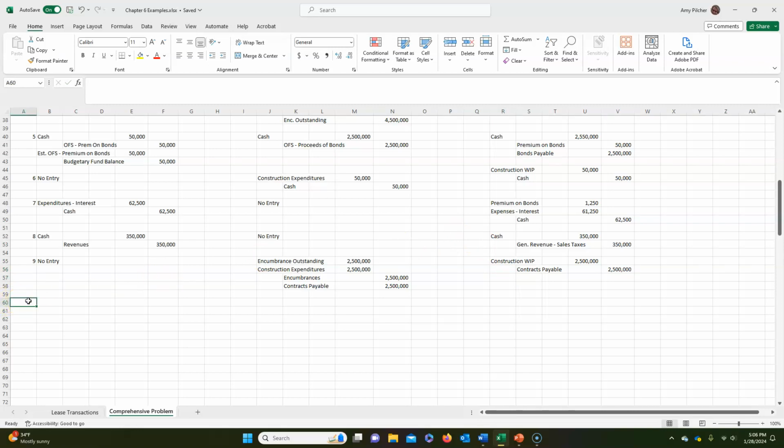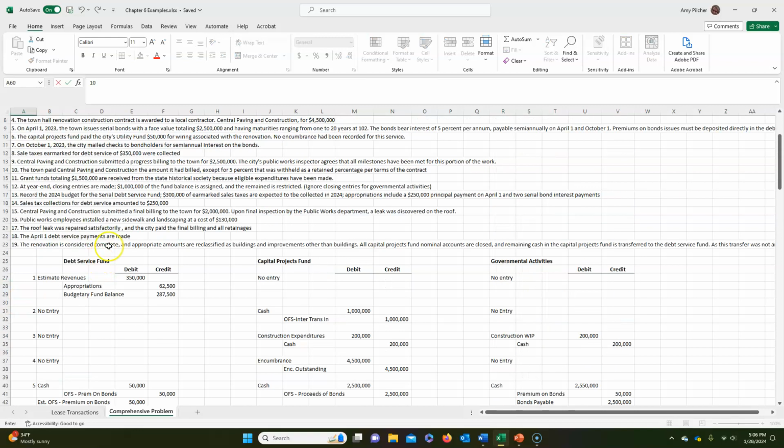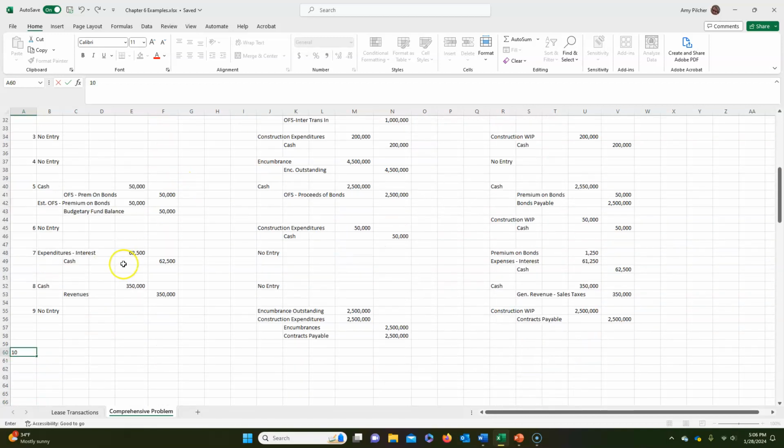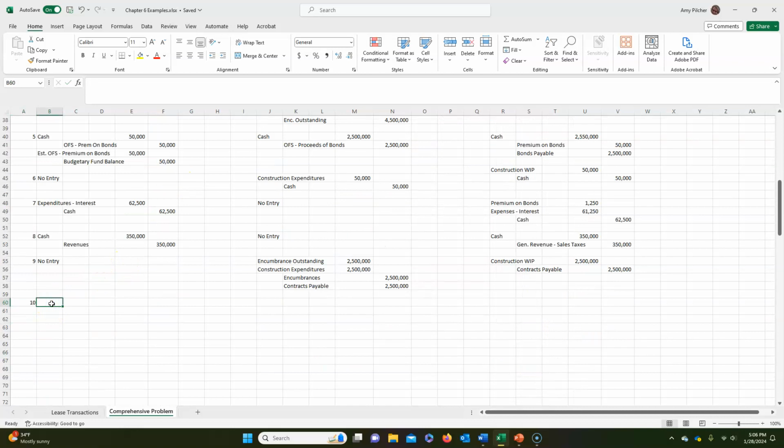Okay, on to entry 10. So in entry 10, the town paid Central Paving and Construction the amount it had billed, except for 5% that was withheld as a retained percentage per terms of the contract. So we're going to pay that amount minus 5%. There's no entry in the debt service fund. And we have contracts payable for $2.5 million.